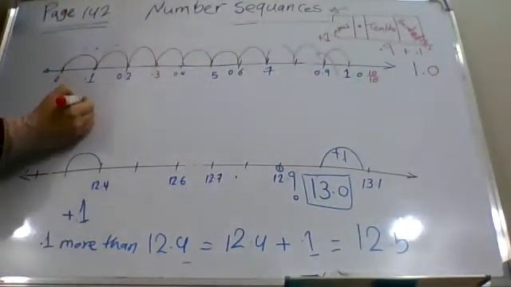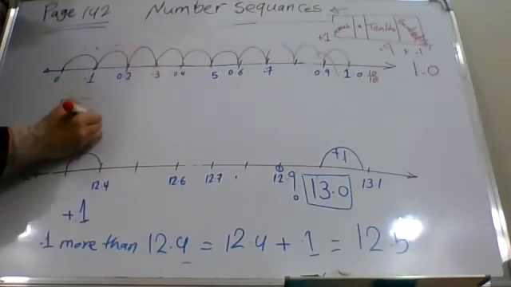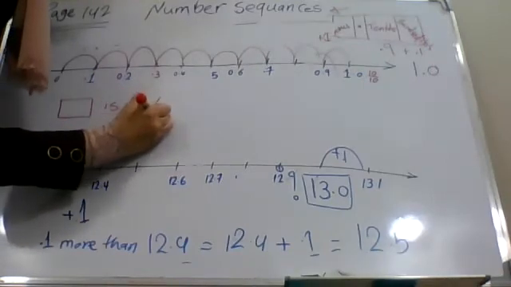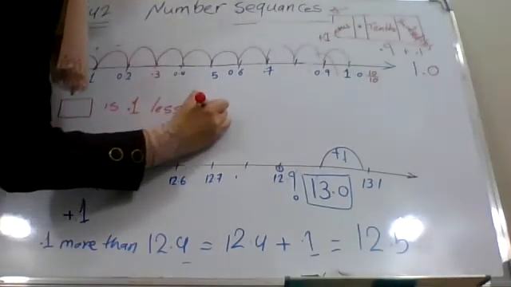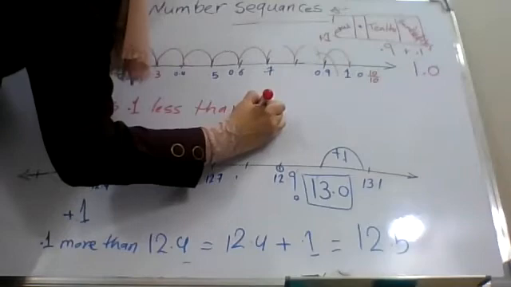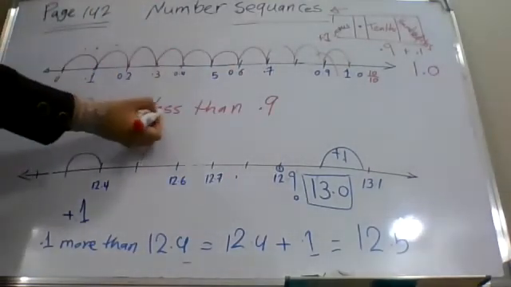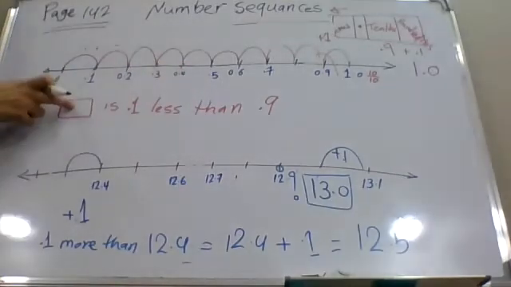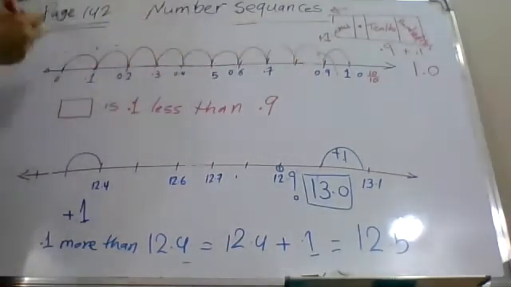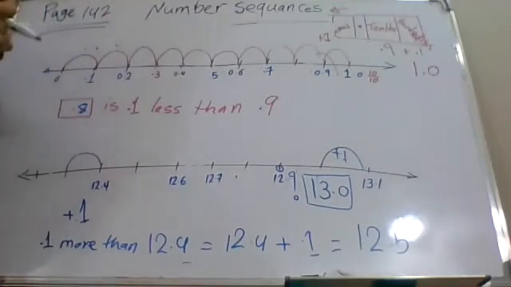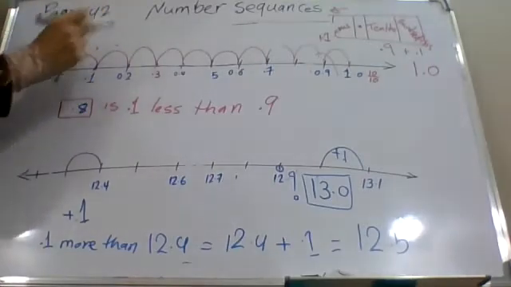So we write: I need the number that is 0.1 less than 0.9. You have to think about what comes before 9. You have to count back. It's 0.8.